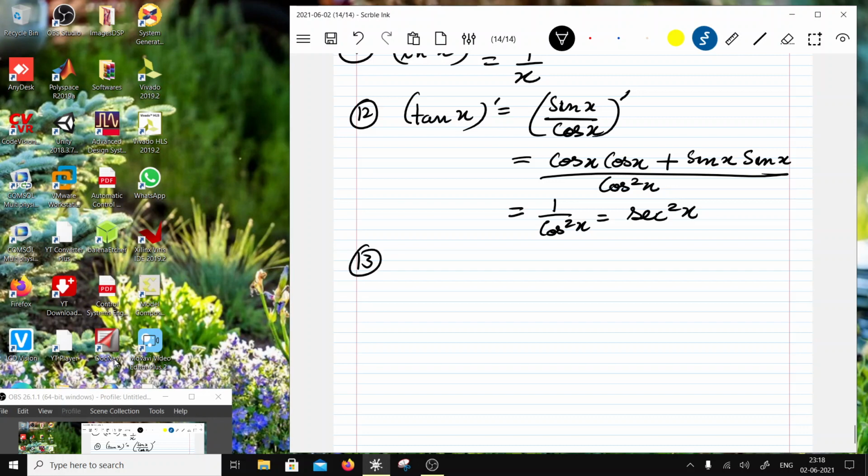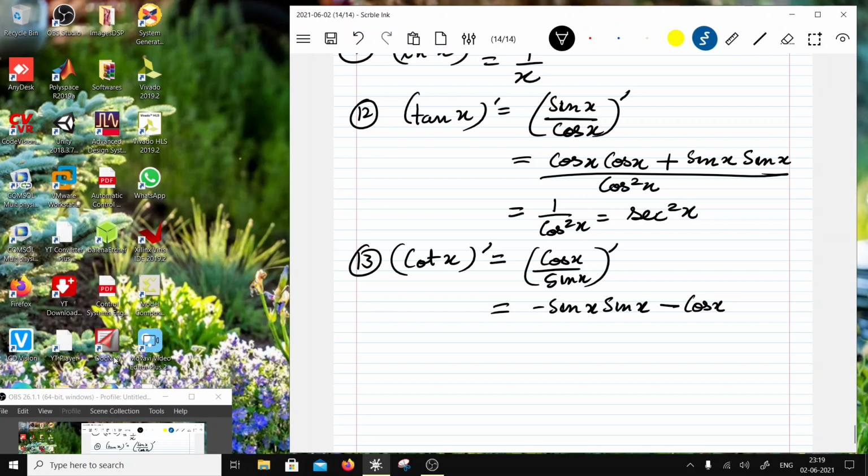Similarly, I can have cot of x. This would be the same as cos x by sine x derivative. So in this case, u is cos x, derivative of cos x is minus sine x, then sine x times minus sine x minus cos x times cos x, divided by sine square of x.